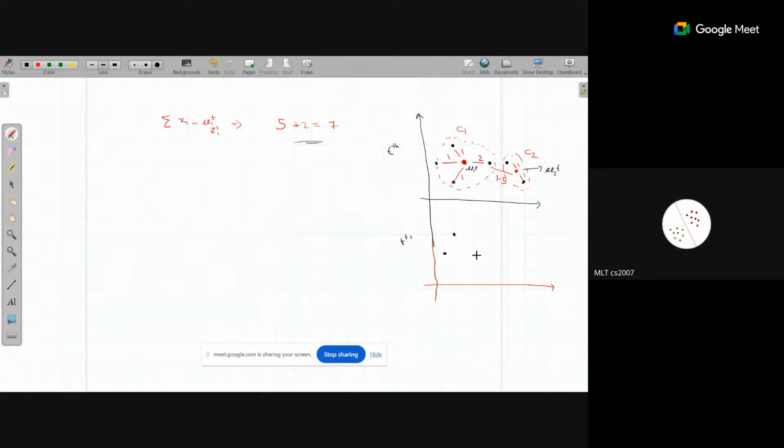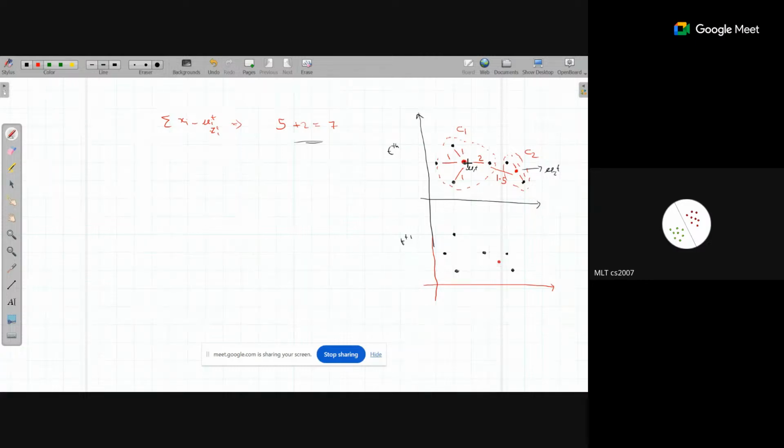This point will move towards that. Let's say this one only. Somewhere here we had the points, like this. What will happen? This centroid will shift somewhere here.